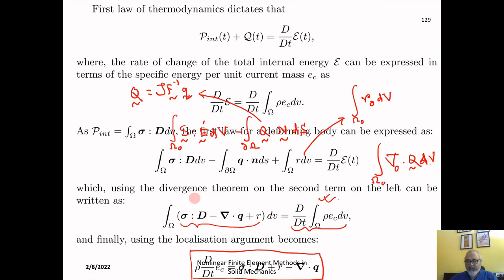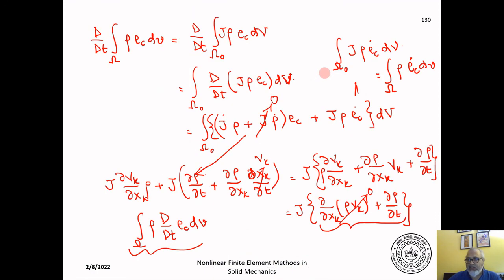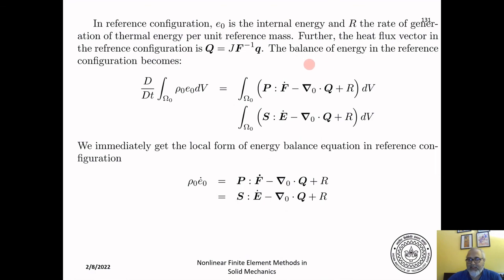Here you will be left with S E dot minus divergence of capital Q plus R naught, and then in place of EC we will define something called E naught, so that E naught is the strain energy stored per unit undeformed mass.